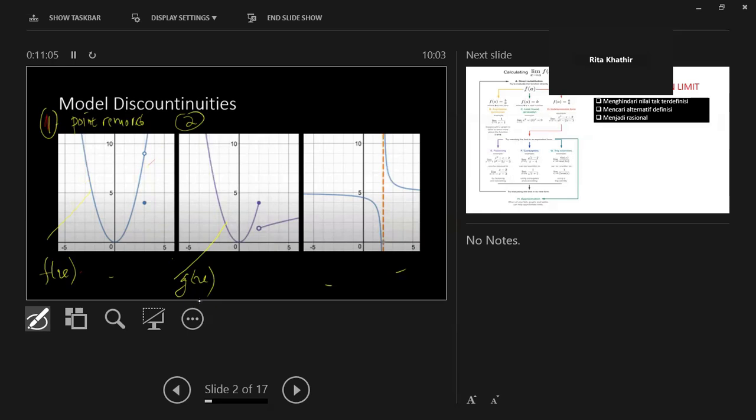For example 2, we have again the model g of x, and it is a parabolic model. Do you remember how we can make a parabolic model? From what equation? From a quadratic equation. All quadratic equations, if you want to draw, will give a parabola.